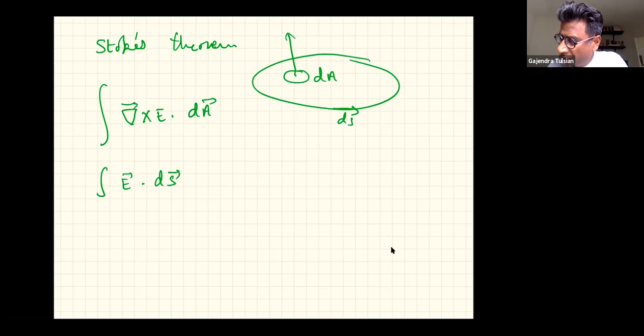If you're taking a surface integral in this sense, it's a line integral in that sense. So the surface integral of curl of E is equal to the line integral along the curve, and this is Stokes' theorem.